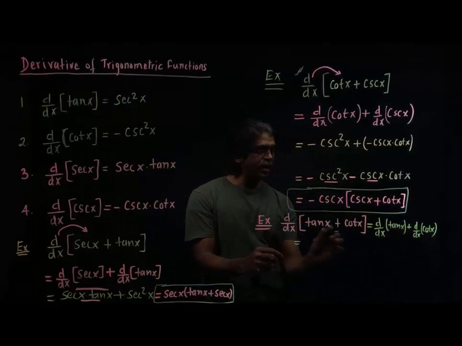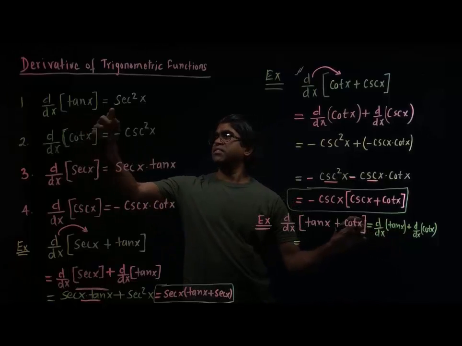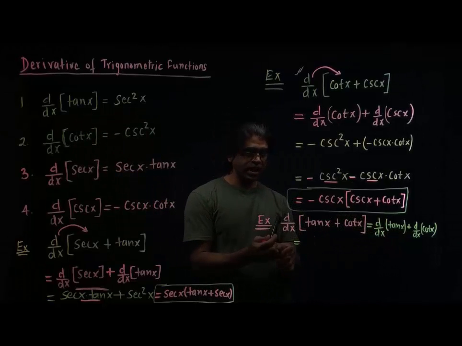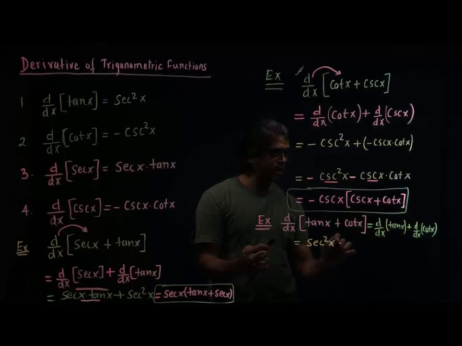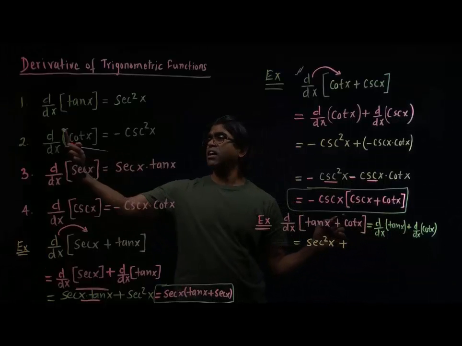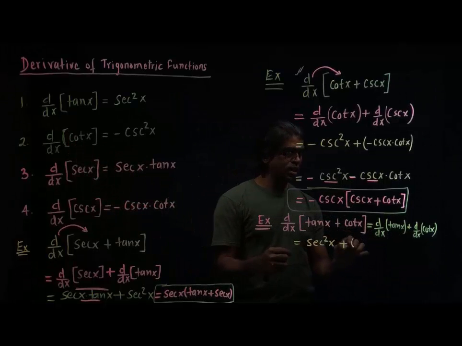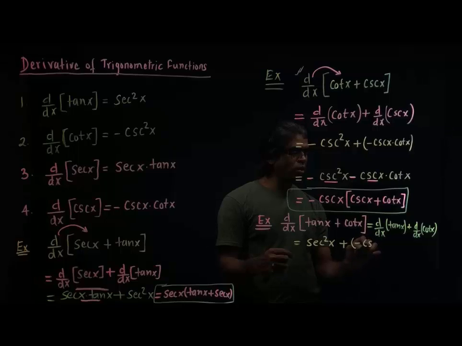And we all know that dy dx of tangent function is secant square x, so I will write secant square x plus, and dy dx of cotangent is negative cosecant square x.